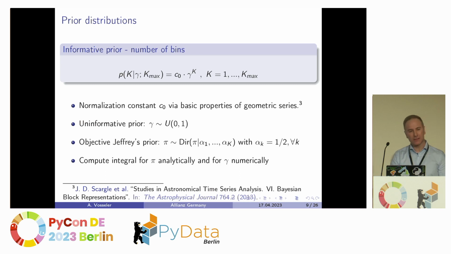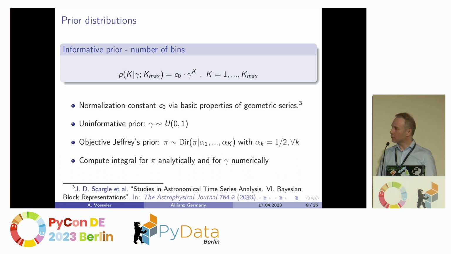The parameters pi, which are the bin probabilities, we simply use a Jeffreys prior that can be shown to be a Dirichlet prior with hyperparameters alpha 1/2. And we integrate these parameters out because essentially we want to derive the posterior of the number of bins in order to estimate the number of bins.